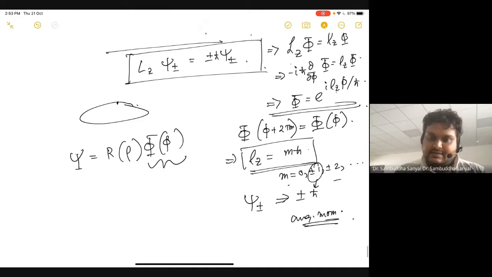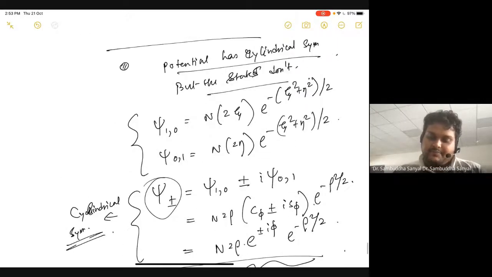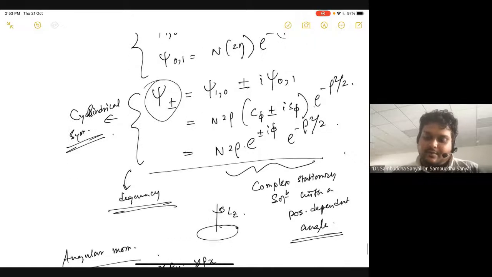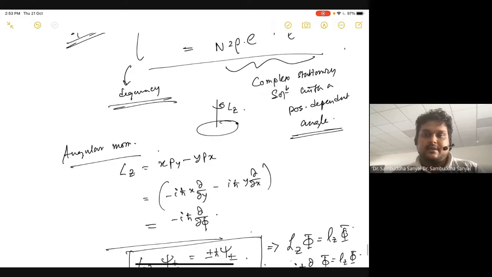This is the phi part which satisfies this, and the R part is some rho dependent part, which is N rho e to the power minus rho square by 2. So this is an alternate way to build up this solution without actually doing the full problem, where I combine these two and get the solution for the ground state, made of two parts: one from the angular momentum part, and the other from the radial part.